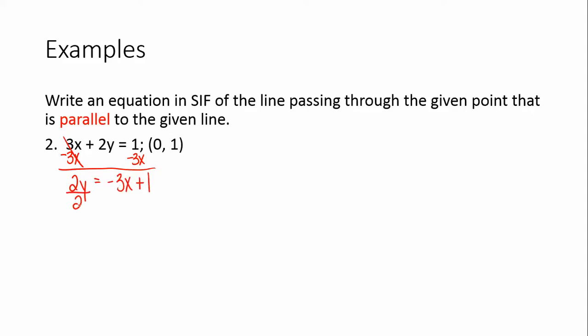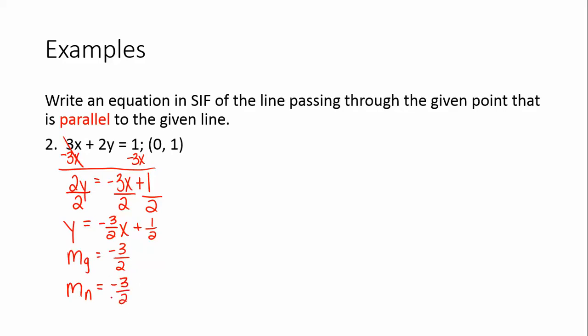Now we divide everything by 2 to get y by itself, and we get y equals negative 3/2 x plus 1/2, and we're not really concerned with this number back here. All we are focusing on is the slope. So the slope of the given line is negative 3/2, and the slope of the new line that we are going to write, since they're parallel, is also negative 3/2.